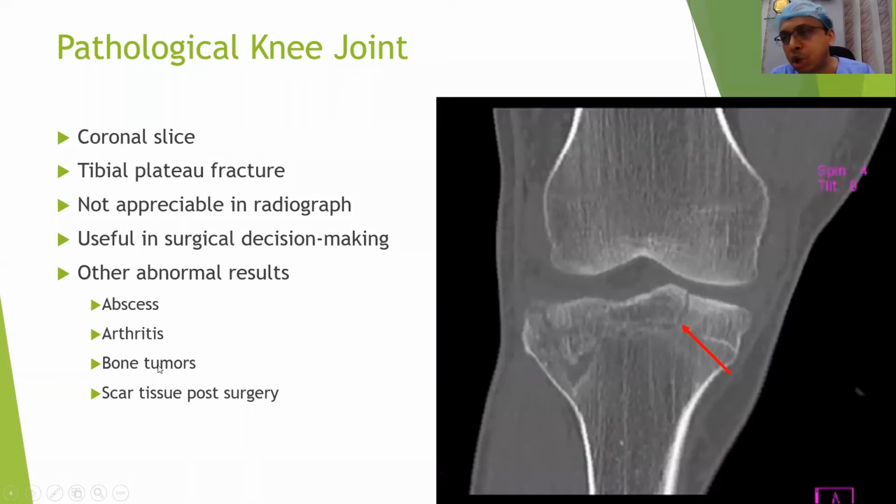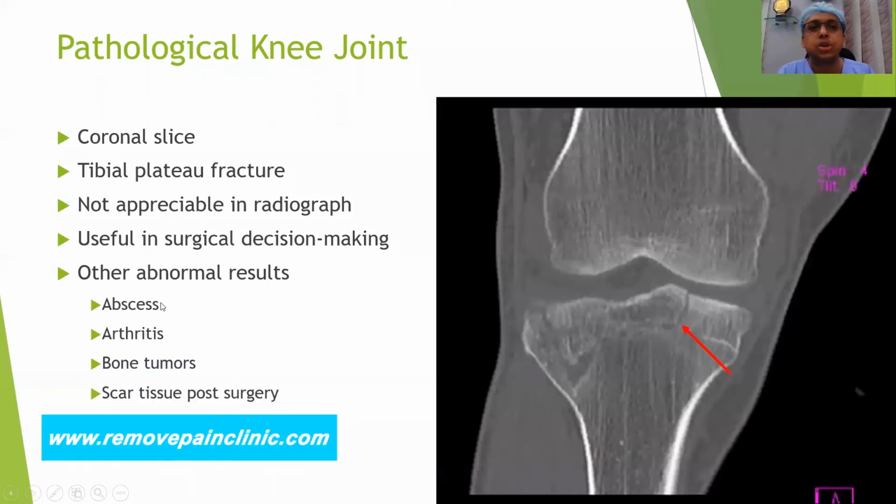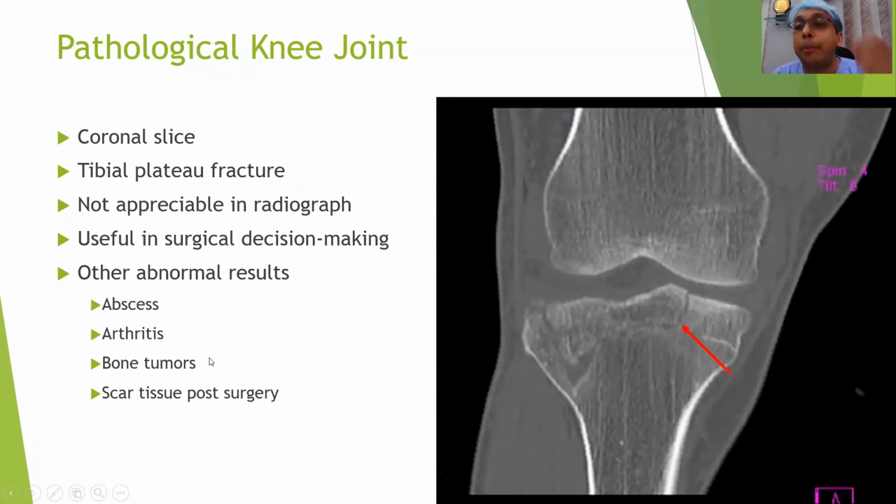It doesn't mean just osteosarcoma, since we were talking only of orthopedics or musculoskeletal. And then scar tissue, post-surgical scar tissue, which you can also notice. So these 4 or 5 things, including fracture, are what you should be able to appreciate in a normal CT scan.